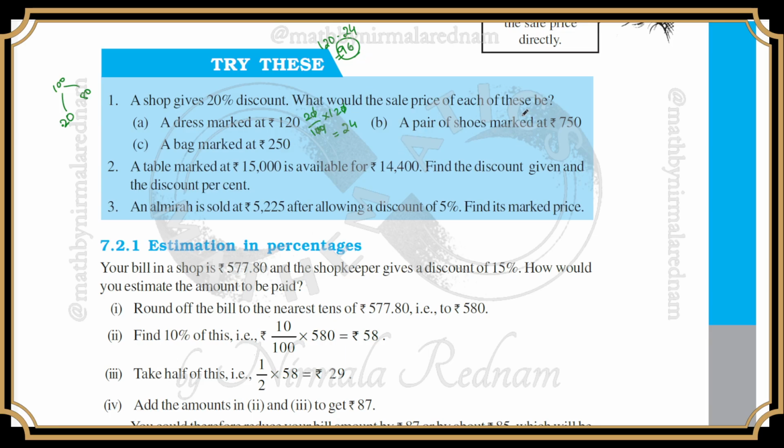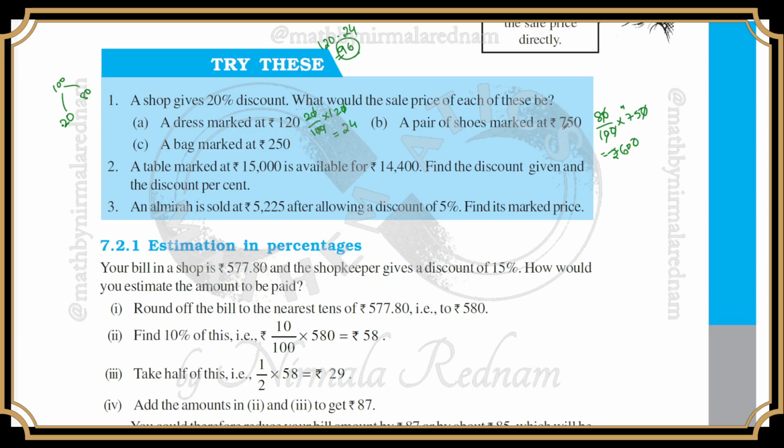Let us do that for this, you'll understand. Now here again 20% is discount, they're asking me only the selling price, not the discount amount or anything. So directly I can say 80% of 750. When I do that, okay, I'm going to get 600, which is nothing but my selling price.